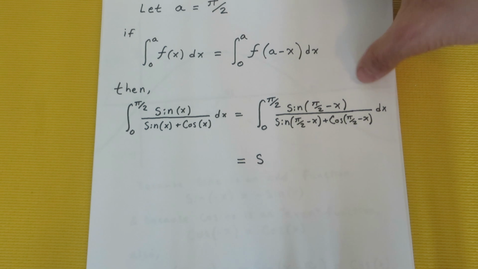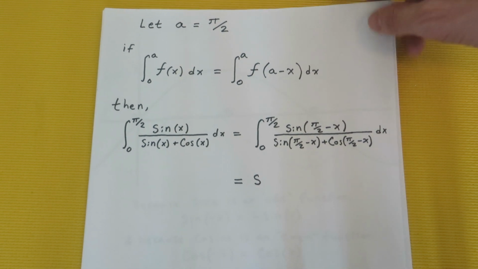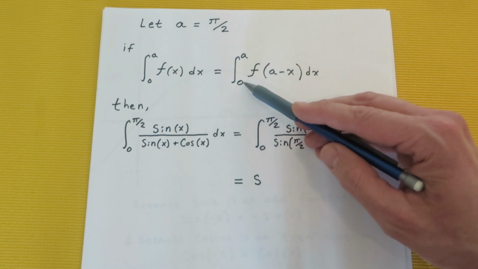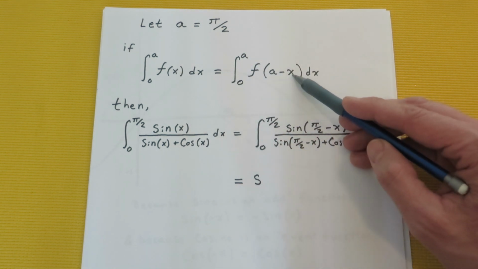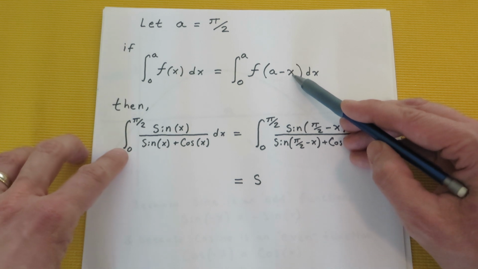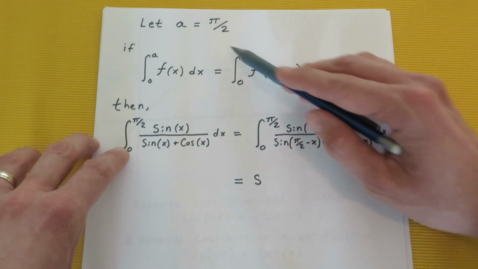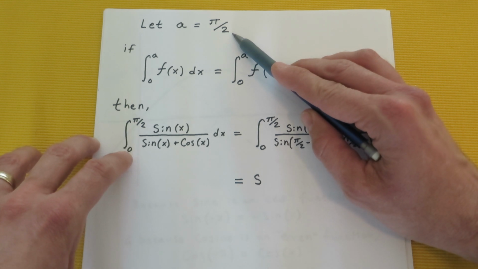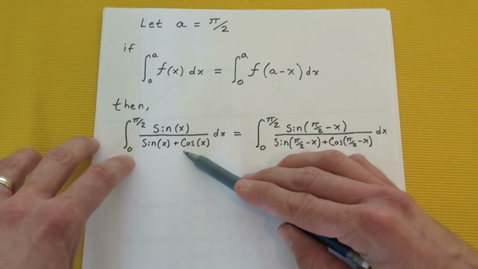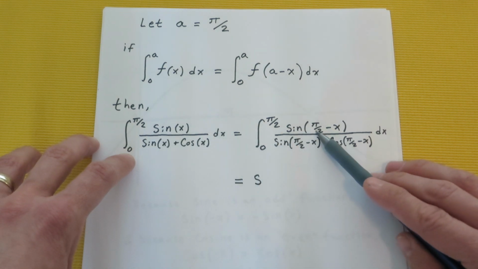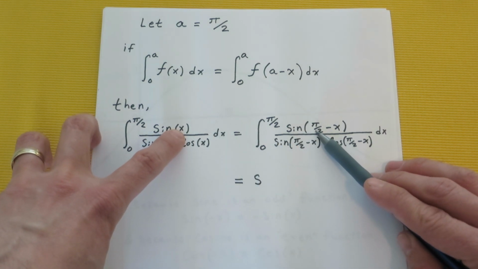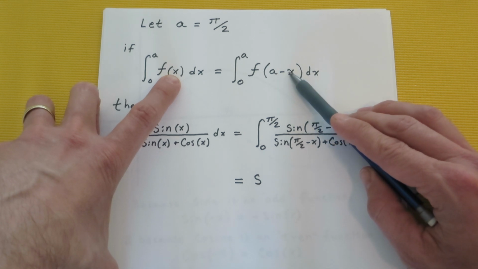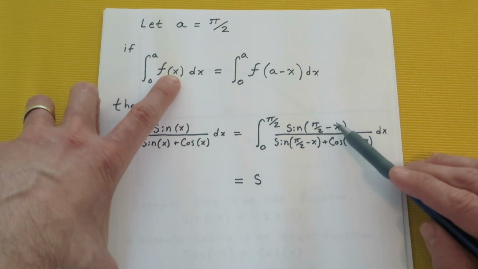So let's say that in the expression we looked at, our integral from 0 to a of f of x dx is equal to our integral from 0 to a of f of a minus x dx, which we've already proved. If we let a equal pi over 2, then this expression here just becomes this. Everywhere we have an x, we plug in our a minus x, or pi over 2 minus x.